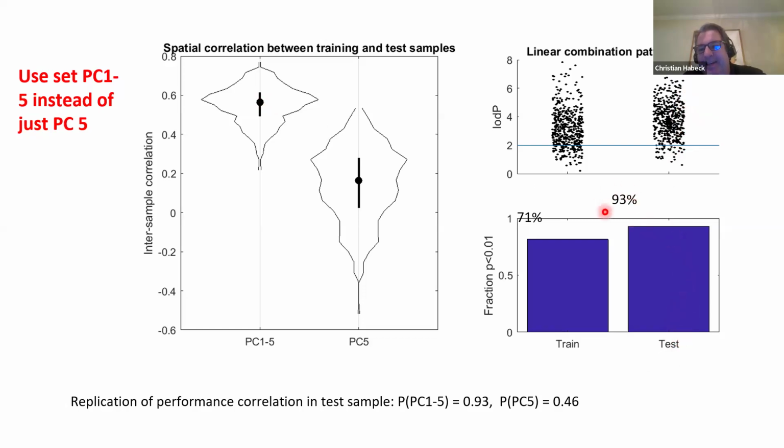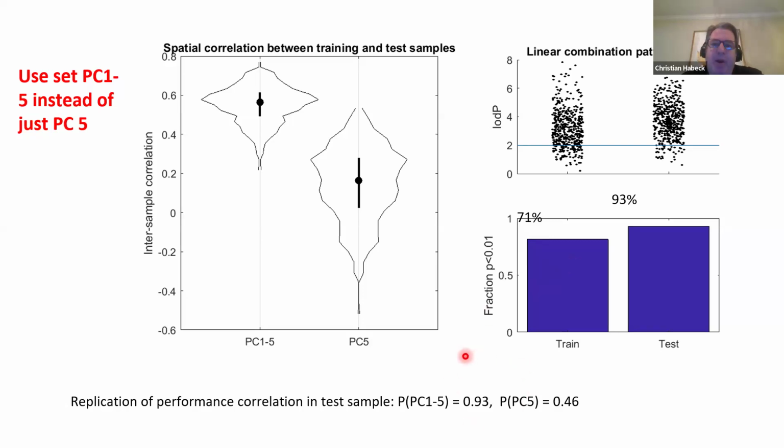You can see that 93% of the time, we get a correlation better than 0.01, right? So much better robustness of the brain-behavioral correlation. And in the training set, we get a significance of 71%, and that's lower. It's just because we're using 5 principal components. Our regression assigns a parametric p-value that's lower. It takes into account 5 degrees of freedom.